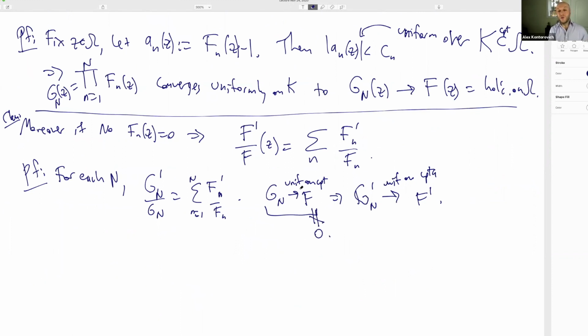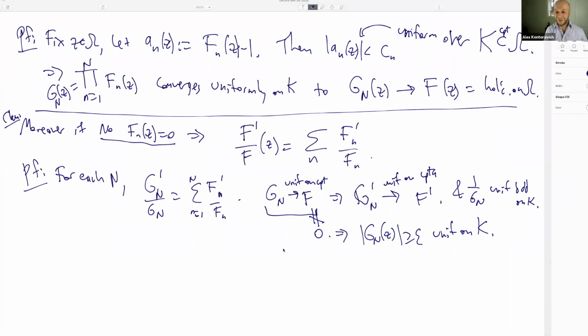And so by the uniform convergence, at least on compacta, the Gn's stay away from 0. That means Gn of z is at least some epsilon uniformly on your favorite compact set. And so that means that 1 over G is uniformly bounded. So this converges uniformly, and the 1 over Gn's are uniformly bounded on K, because the Gn's are staying away from 0 if the limiting function isn't 0, since we've assumed none of the fn's are 0.